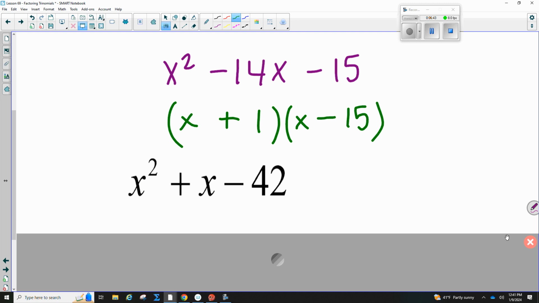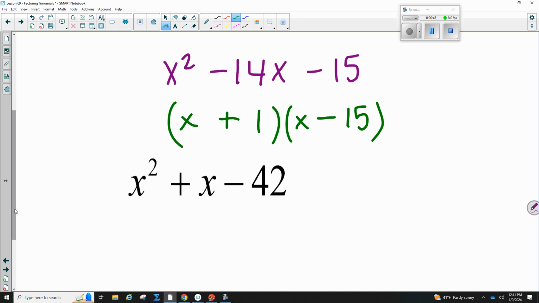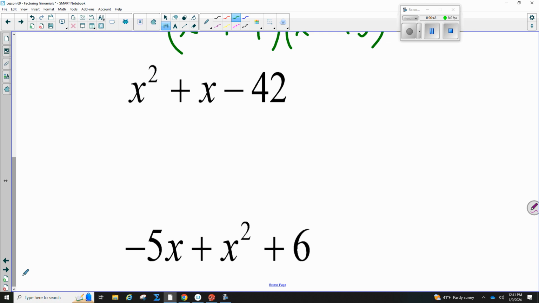All right, let's try one more. Oh, look at all these. I have even more. Great. Okay, x squared plus x minus 42. I agree with you, but this time it adds +1. So let's switch it. We'll just do it real quick. All right, what multiplies to -42 and adds to +1?